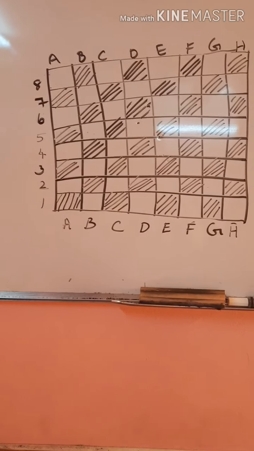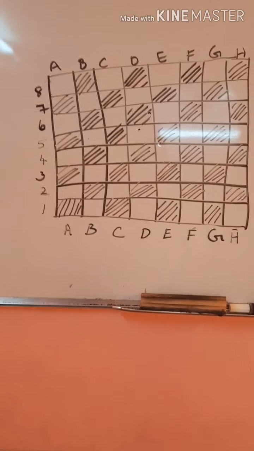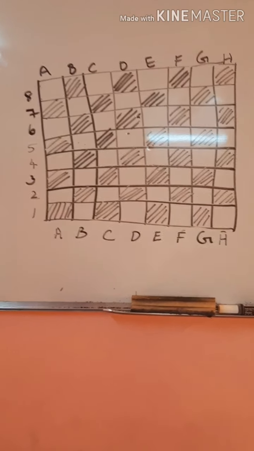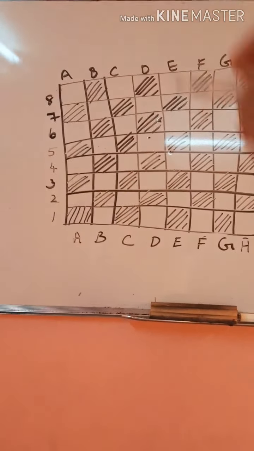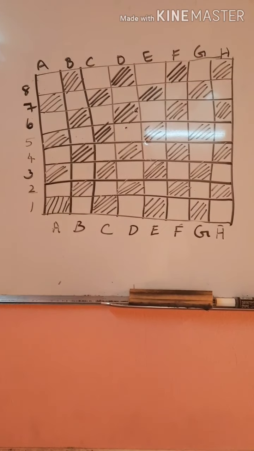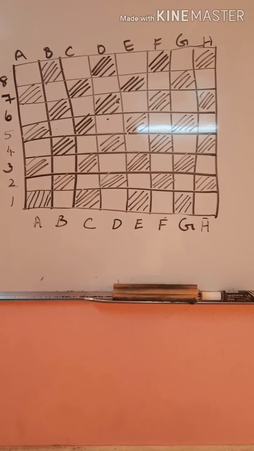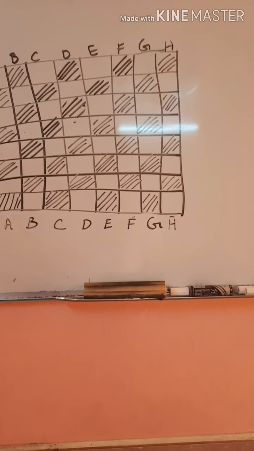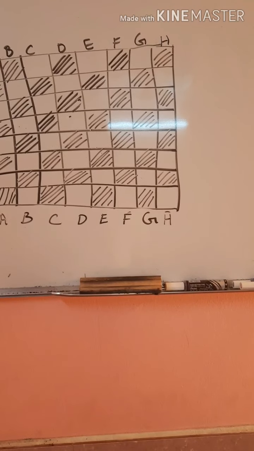We can name these columns A to H. Now these are the ranks, the horizontal lines from 1 to 8. Each of the 64 spaces is identified by the combination of the letter of the file and the number of the rank. The player with the white pieces moves first.